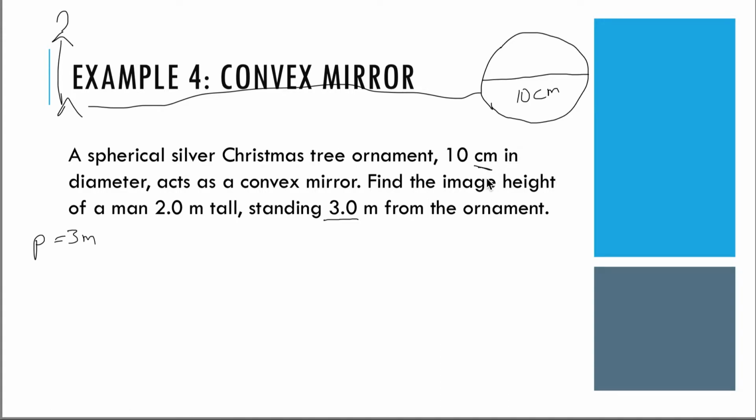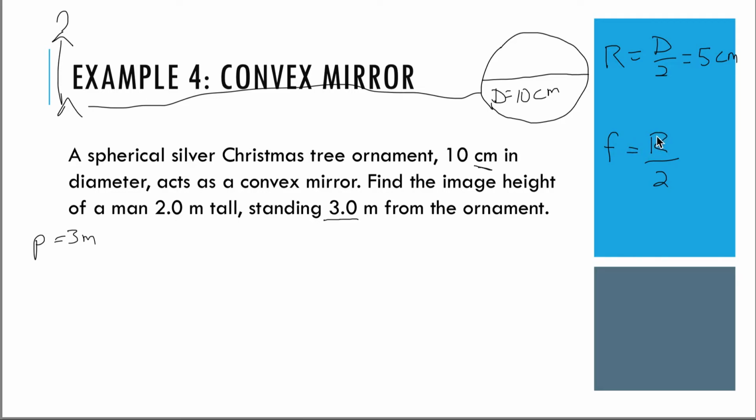But to find the focal length, we need to know the radius of curvature because we know that the focal length equals the radius of curvature divided by 2. We're given that the diameter is equal to 10 centimeters. We know that the radius is the diameter divided by 2, so the radius is 10 divided by 2, or 5 centimeters.